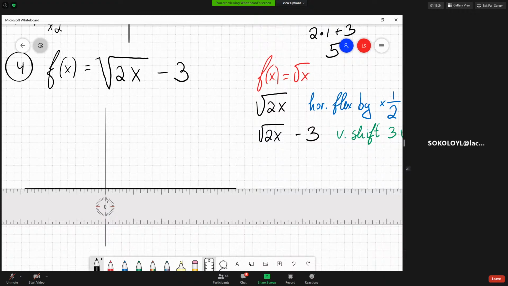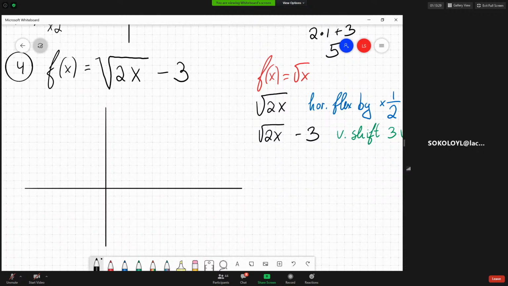You can always do more than 3 points if you feel the need to do so. My parent graph, square root of x, I have these points. And I can also do 9, 3.